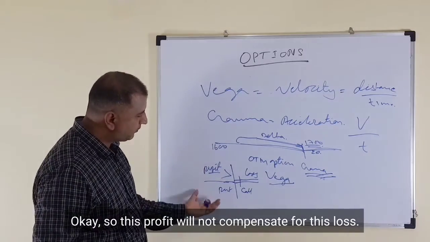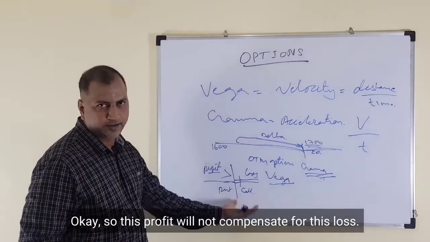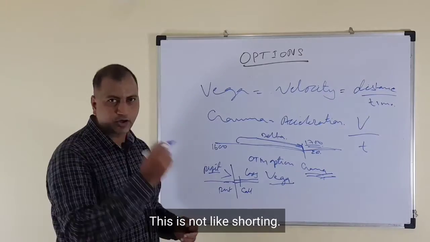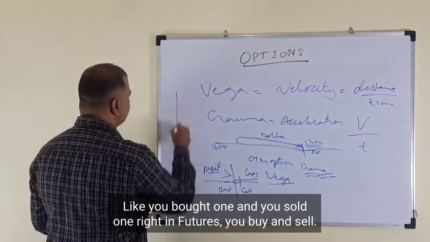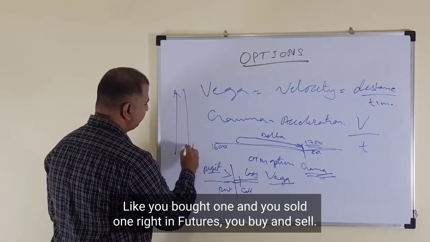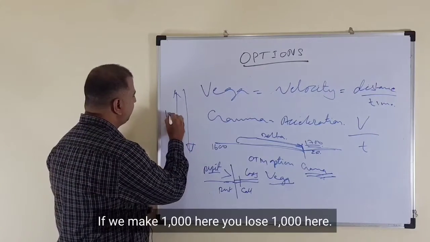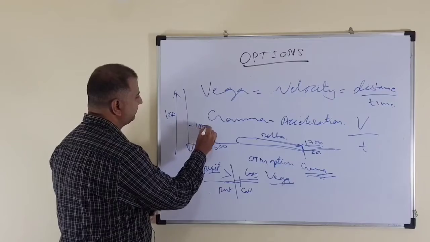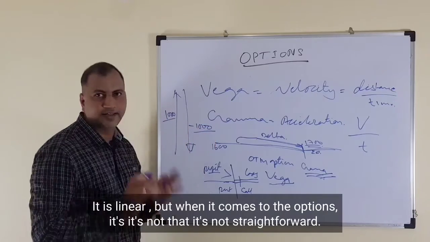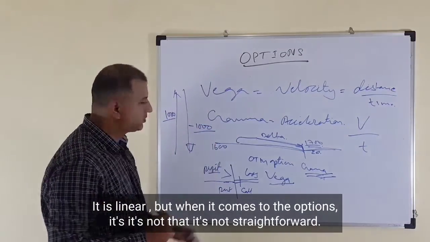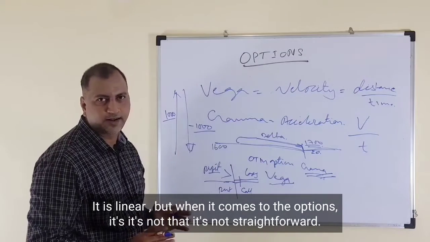This profit will not compensate for this loss. So this is not linear. This is not like shorting in futures, where you buy and you sell. If you make 1,000 here, you lose 1,000 there. It is linear. But when it comes to options, it's not straightforward.